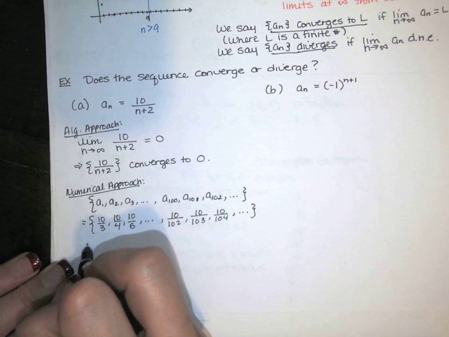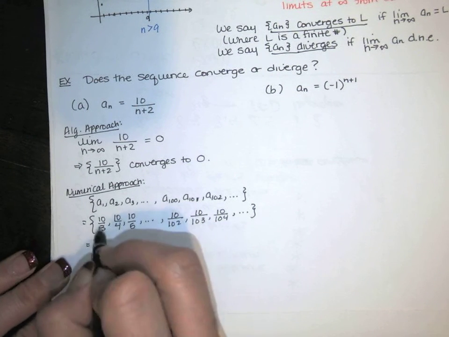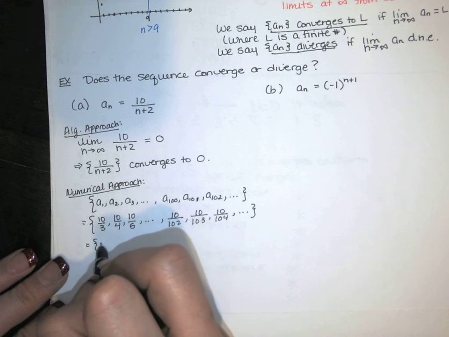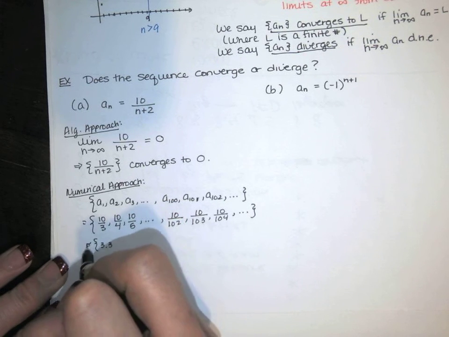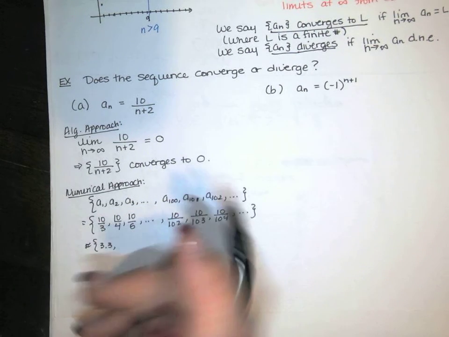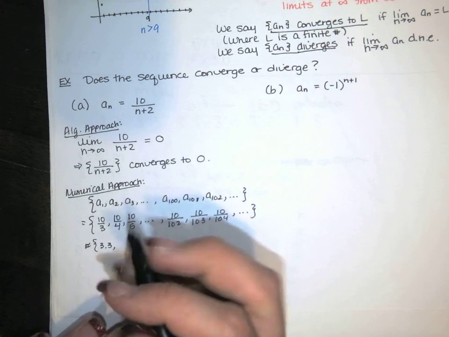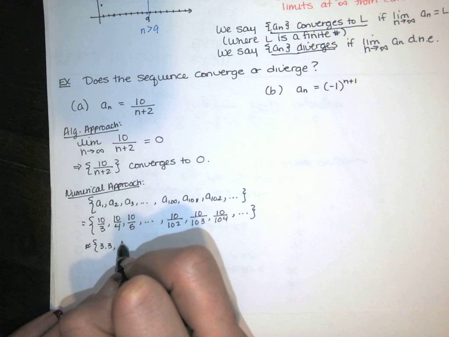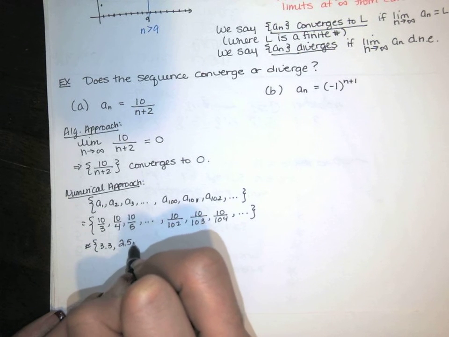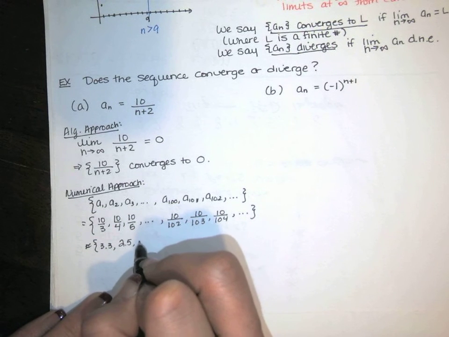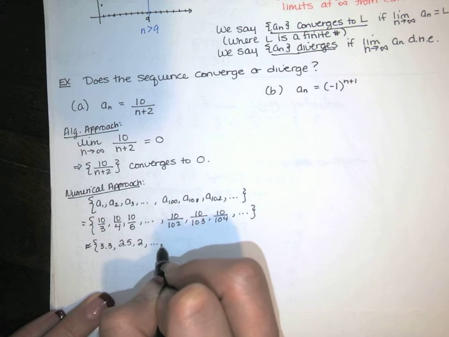Now I know that these simplify. That is 3 and a third. So it's approximately 3.3. And then 10 over 4, what's that simplify to? Yep, 2.5. 10 divided by 5 is 2, and you keep going.